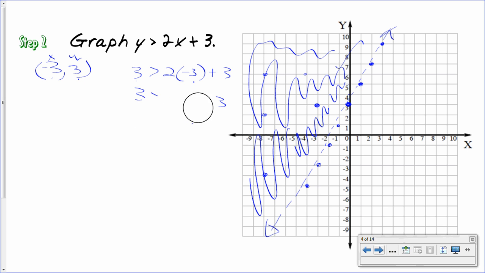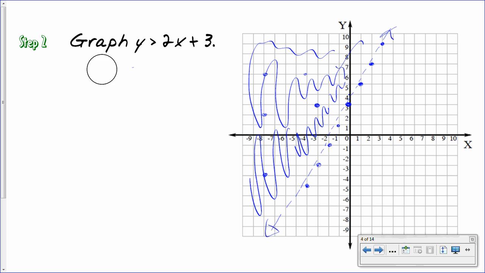Well, what happens when I take a point that's on the line? Like, let's say -1 and 1. Is that going to work?